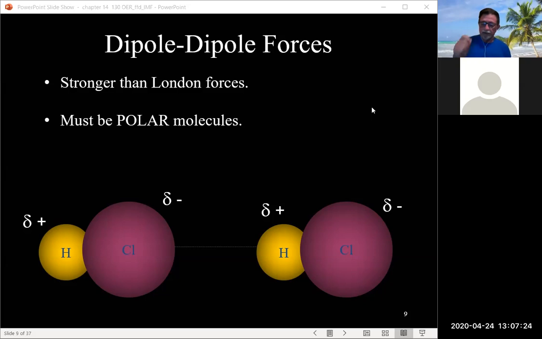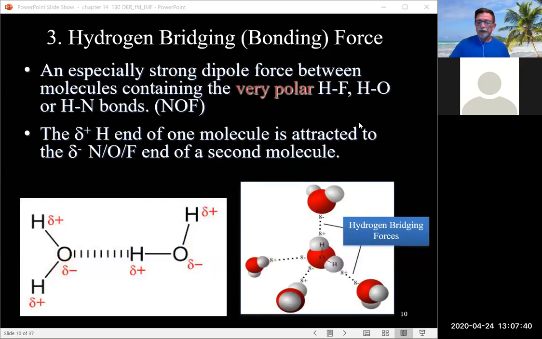The one thing about London forces, when we compare them to dipole forces, the dipole forces are much stronger relatively. London forces are the weaker forces. Then comes the dipole, and then here come much stronger forces, what we call the hydrogen bridging forces or bonding force. Okay, now these are very specific.